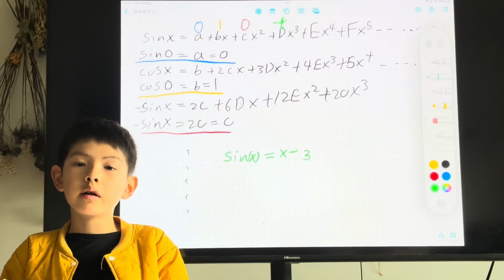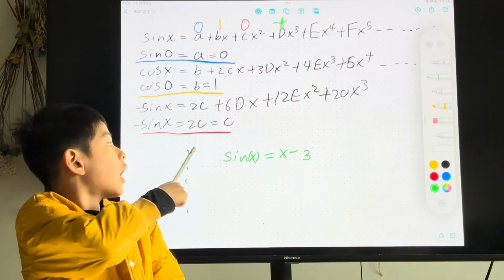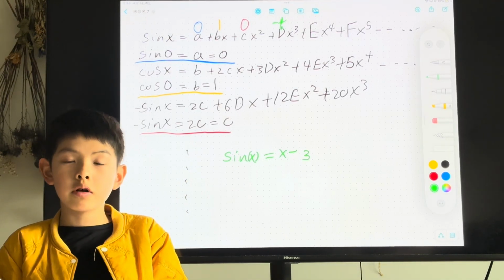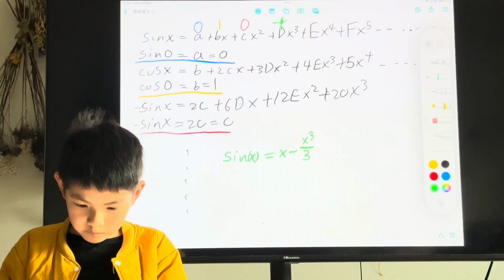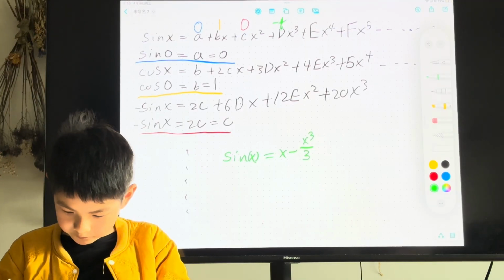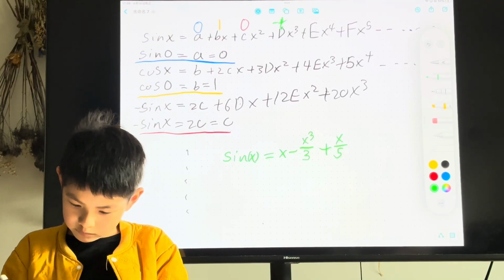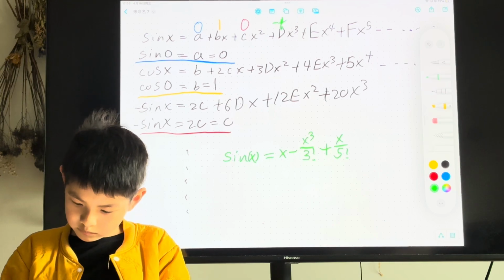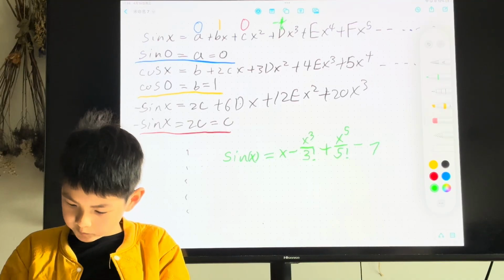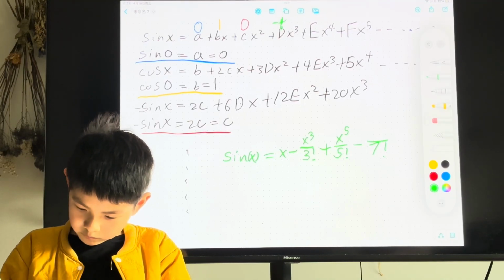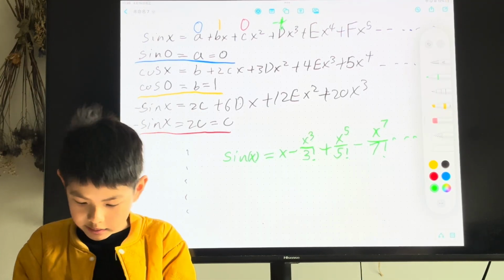The denominators of the coefficients can be written as factorials of the odd numbers. Now we know the sine Taylor series.